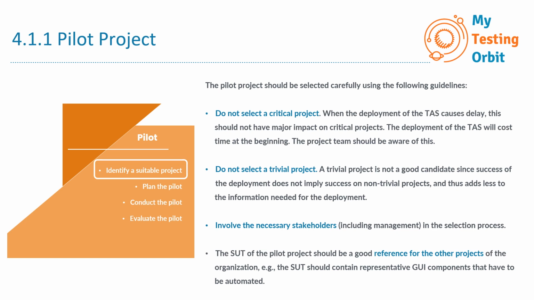This project, while not critical, is substantial and involves a variety of GUI components that need to be automated, and it closely resembles the type of work your company frequently handles. So the lessons learned here can be applied effectively to other projects as well, making it a valuable reference.